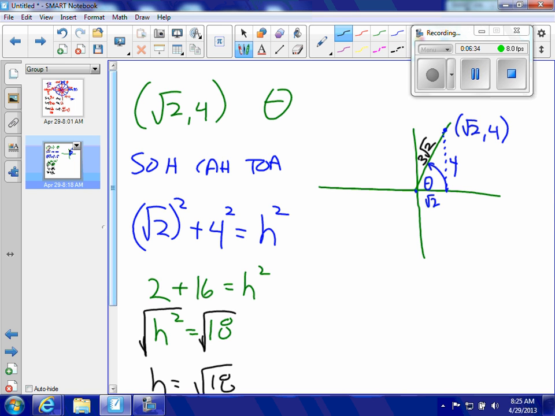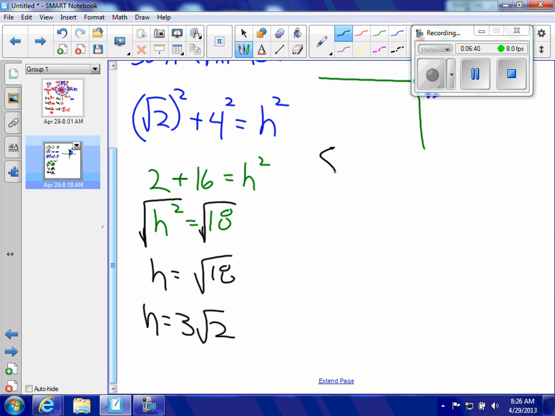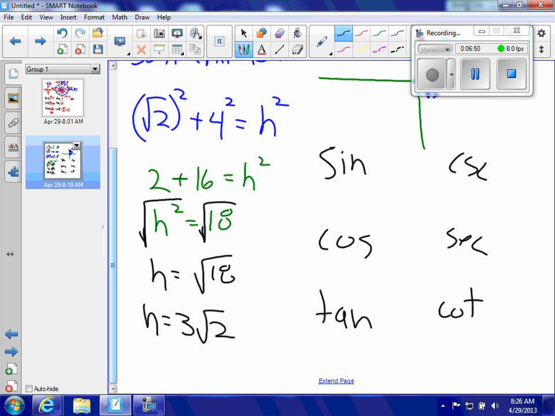So sine. Let's put our little sine, cosine, tangent, cosecant, secant, cotangent.